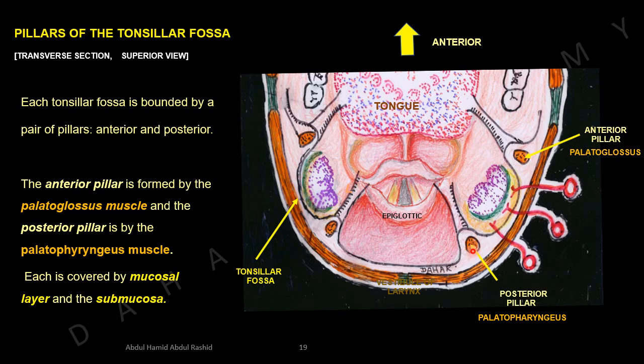The anterior pillar is formed by the palatoglossus muscle forming the palatoglossal fold or arch. The posterior pillar is formed by the palatopharyngeus muscle forming the palatopharyngeal fold. They are covered by mucosal layer and submucosa.